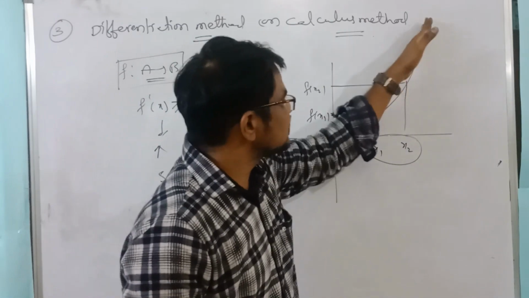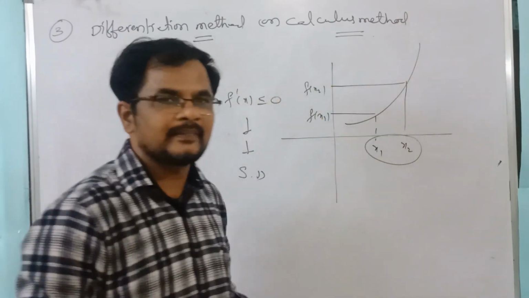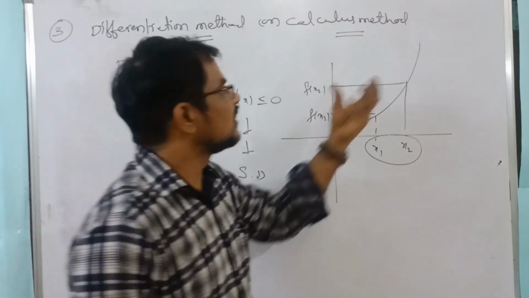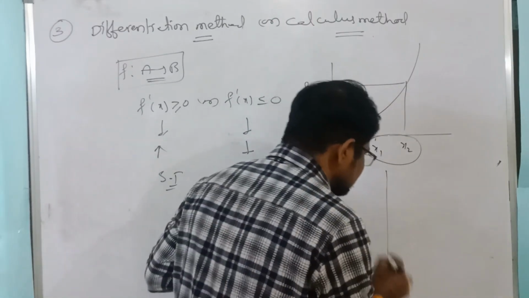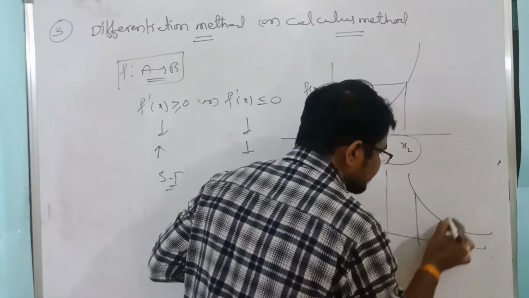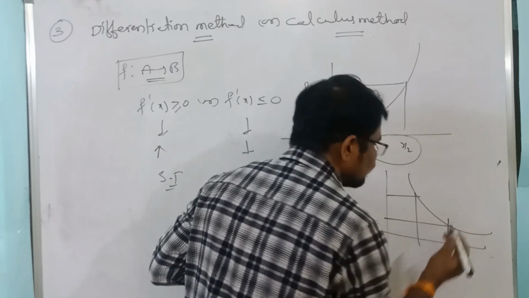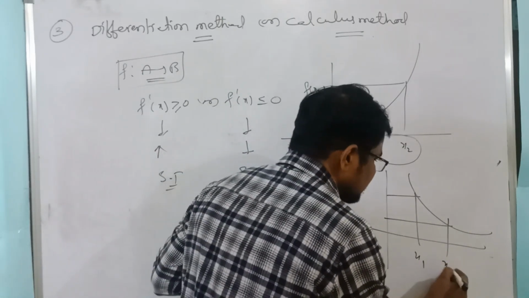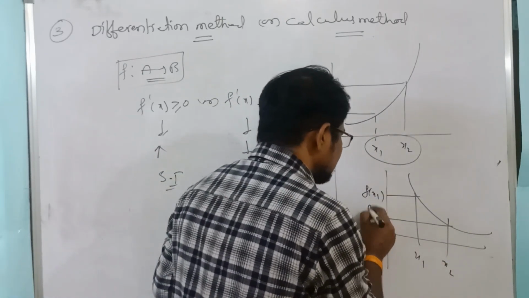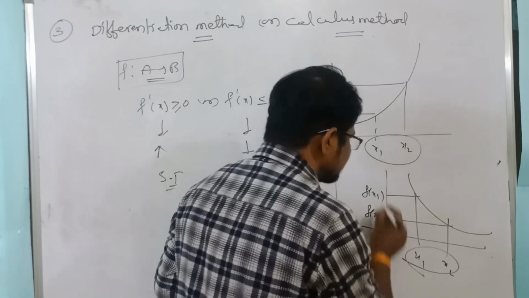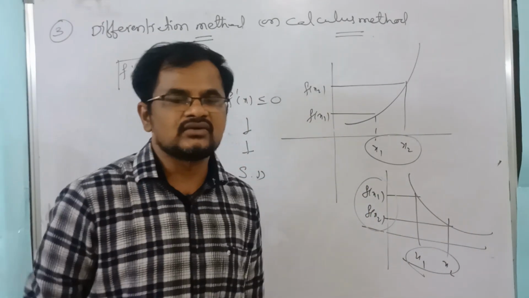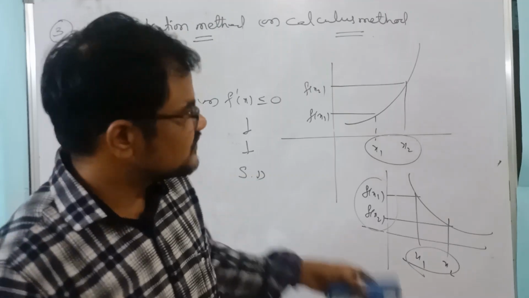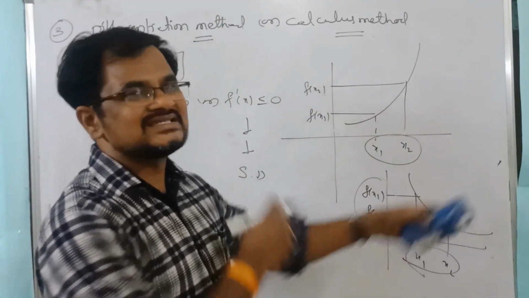So if a function is strictly increasing, then it is a 1-1 function, or if a function is strictly decreasing, it is a 1-1 function only. Here x1 not equal to x2, and f of x1 also not equal to f of x2. Right? By this you can identify that the function is increasing.